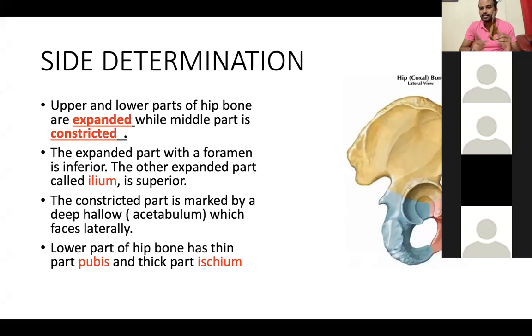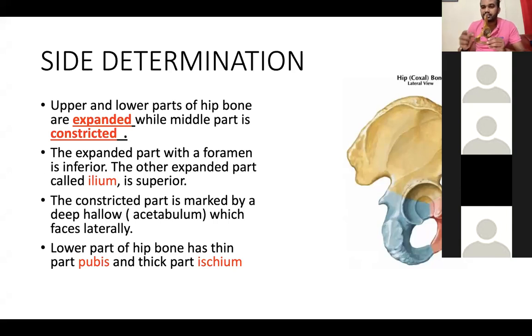So the upper expanded part is the ilium, the lower expanded part with the foramen is inferior, and this acetabular fossa, which you see in the middle constricted part, has to face laterally.